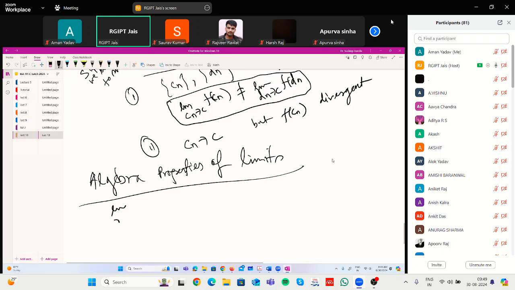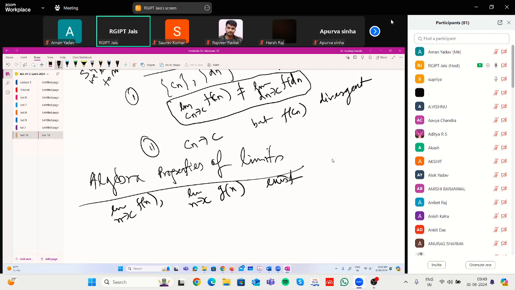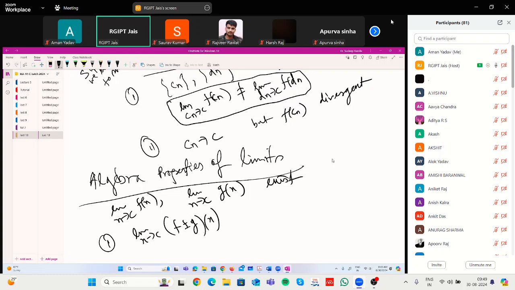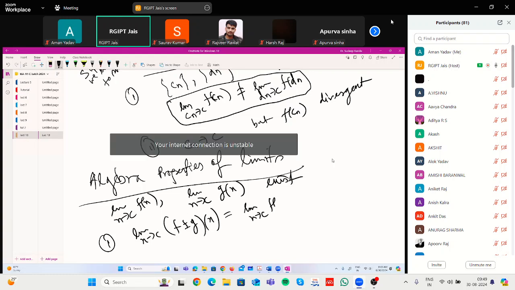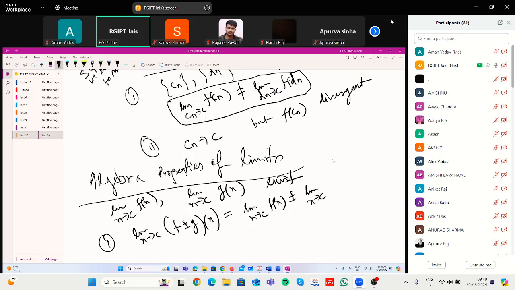Suppose the limit x tends to C of f and of g exist. Then the limit of f plus or minus g of x will be equal to the limit x tends to C of f plus or minus the limit of g.